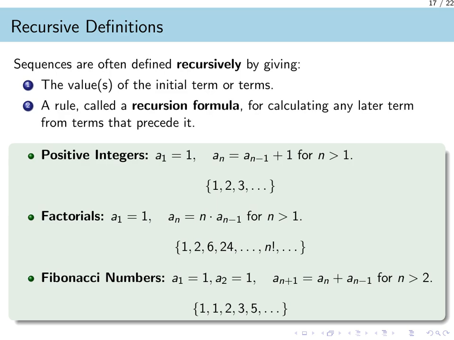The famous Fibonacci sequence requires 2 starting terms, a sub 1 and a sub 2 both equal to 1. Its rule states that any term after the second is the sum of the two preceding terms. In short, recursive definitions provide a starting point and a step-by-step recipe for generating the rest of the sequence.